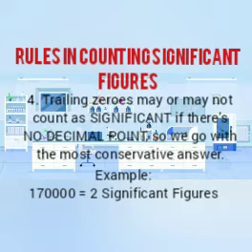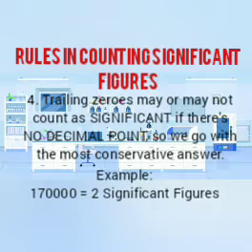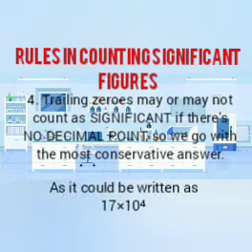Since there is no decimal point, and since we'll go with the most conservative answer, we have 2 significant figures, as it could be written as 17 times 10 raised to the 4th power, where you can clearly see that we have only 2 significant figures.